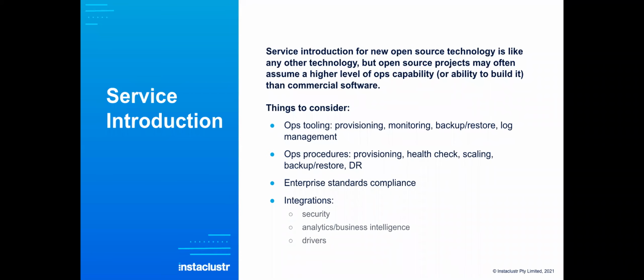So diving a bit more into service introduction, for open source technology, it's not really that different to proprietary technology that most organizations may be more familiar with. But it's pretty common that open source software assumes a higher level of operational capability and an ability to build it. There's less hand-holding, if you like, generally from open source software.